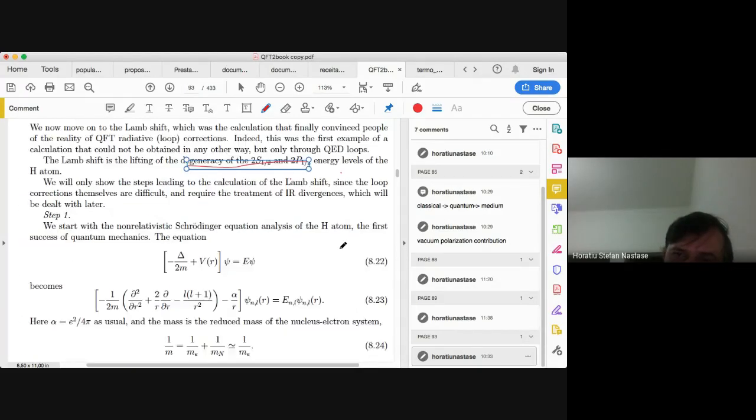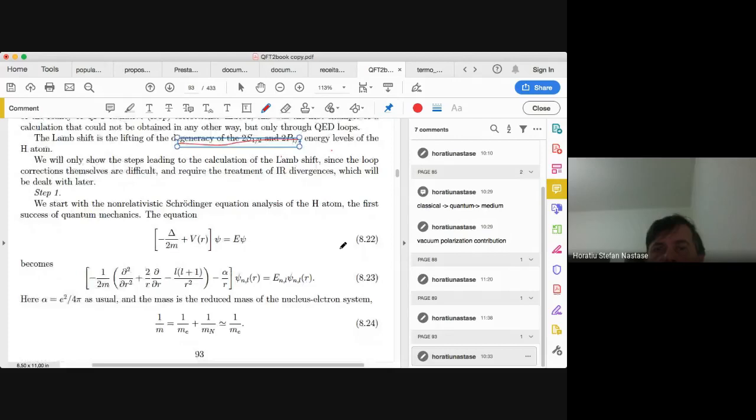All right. So the first step has to be the Schrodinger equation for the hydrogen atom. So that's the non-relativistic quantum mechanical calculation. That's, as you know, minus the Laplacian over 2m plus potential, acting on psi, equal to energy times psi.